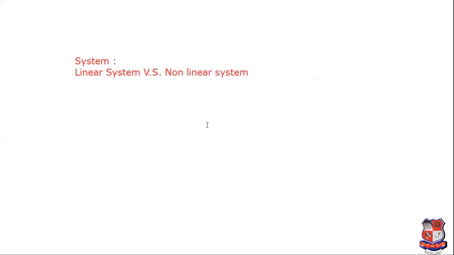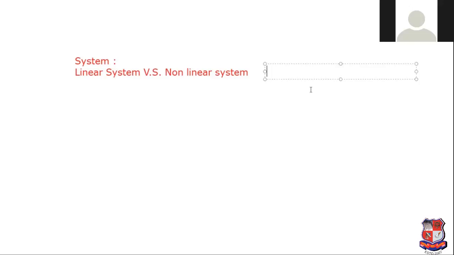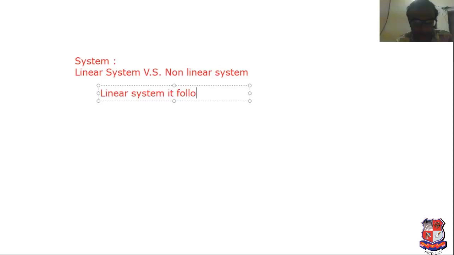In a linear system, what is the first statement? It follows Ohm's law.